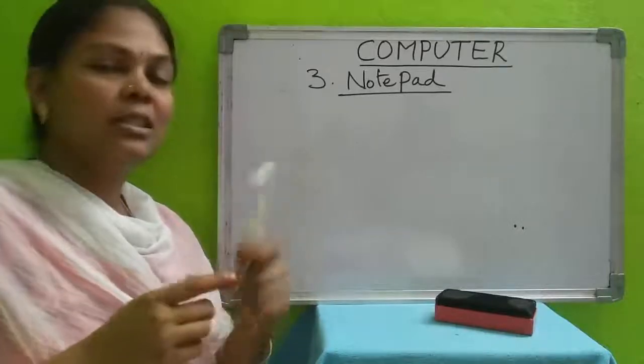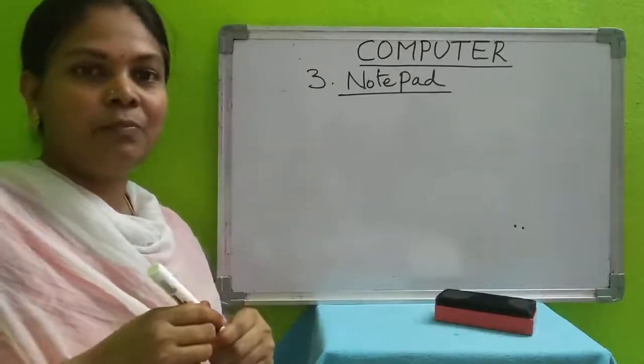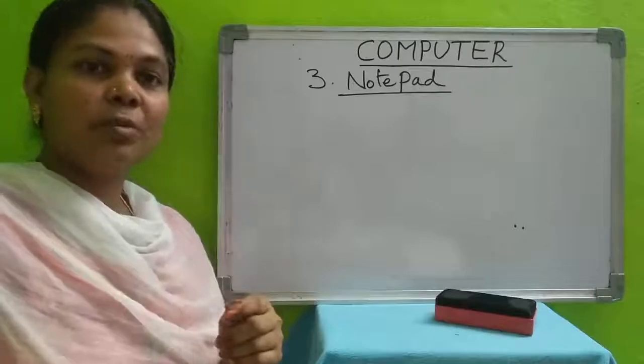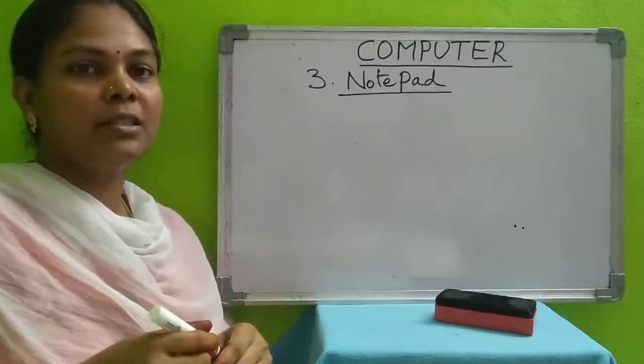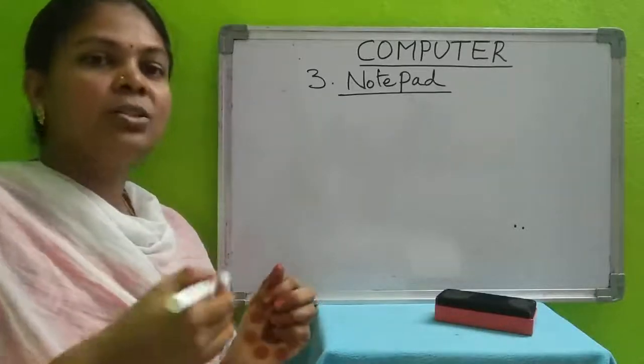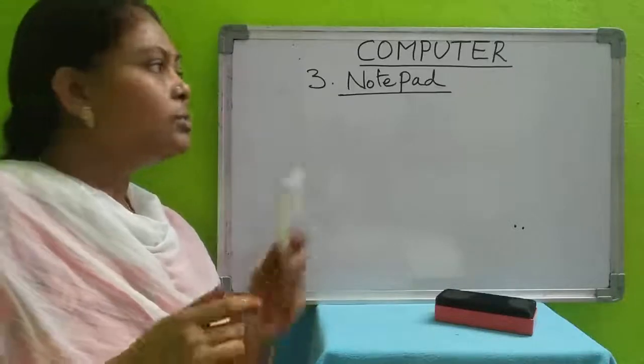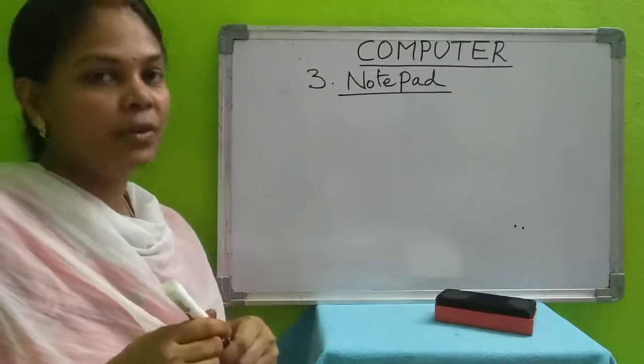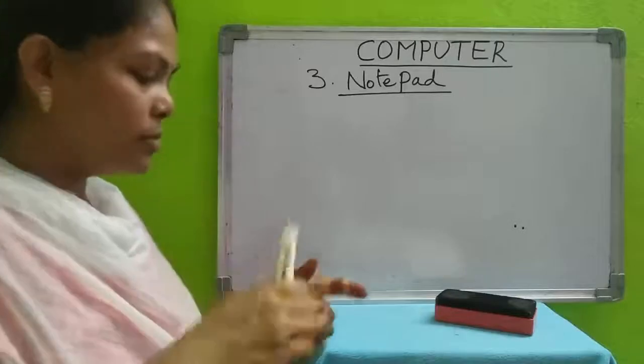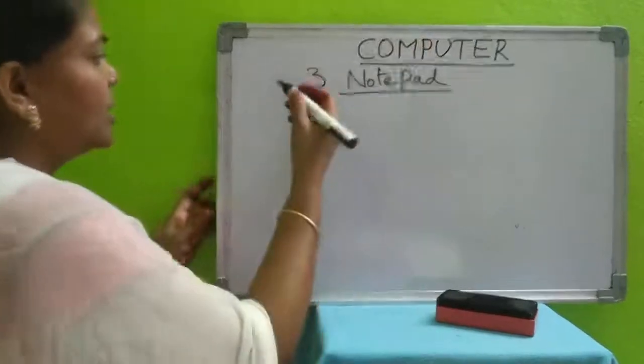Notepad is used to write information. If you want to write about yourself or your friends, or if you want to write any story, at that time we use Notepad. So what is the use of Notepad? To write information.